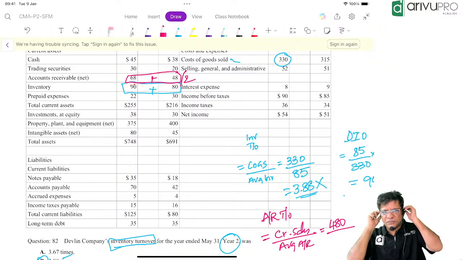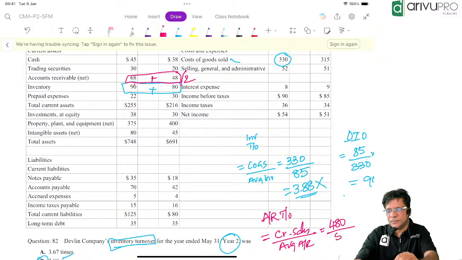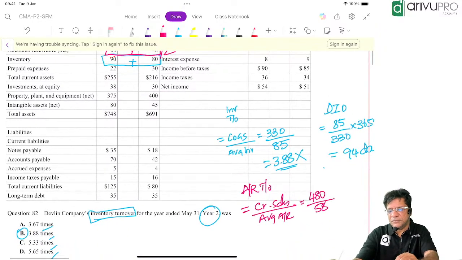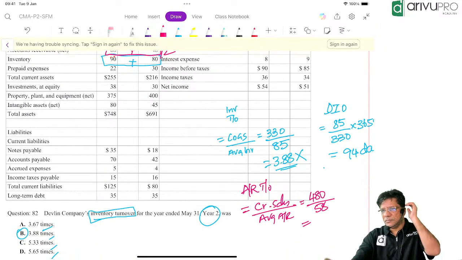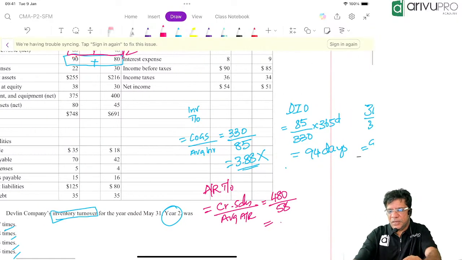How much? 58. How many times? 8.27 times.